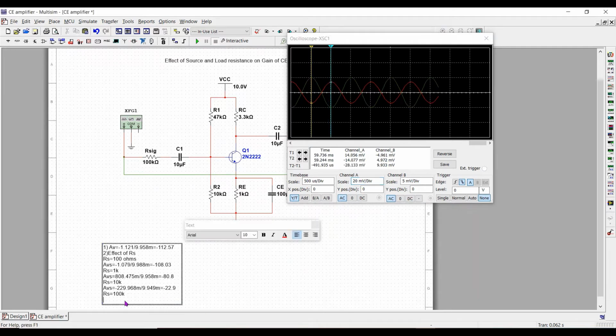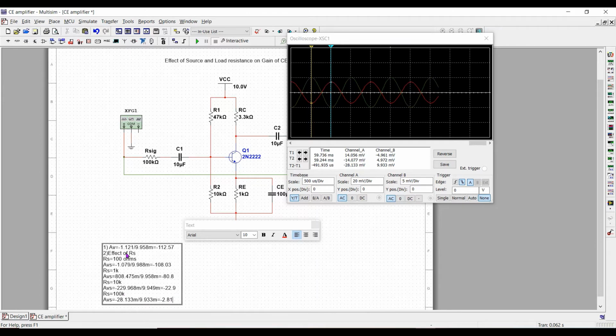So the gain over here, AVS, comes out to be, output is minus 28.133 milli divided by 9.933 milli, which is equal to minus 2.81. So gain is approximately minus 2.81.